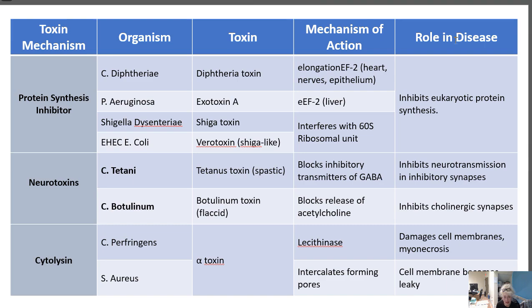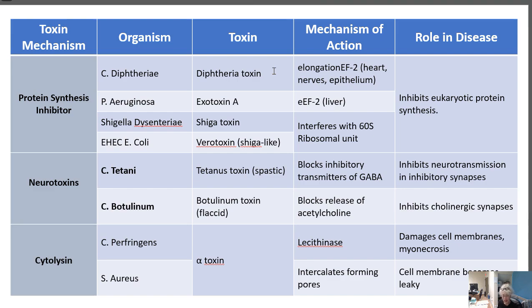So protein synthesis inhibitors would be organisms like Corynebacterium diphtheriae, Pseudomonas aeruginosa, Shigella dysenteriae, enterohemorrhagic E. coli. C. diphtheriae has the diphtheria toxin, and you know that children have to be immunized against this. It's very deadly if a child gets diphtheria.